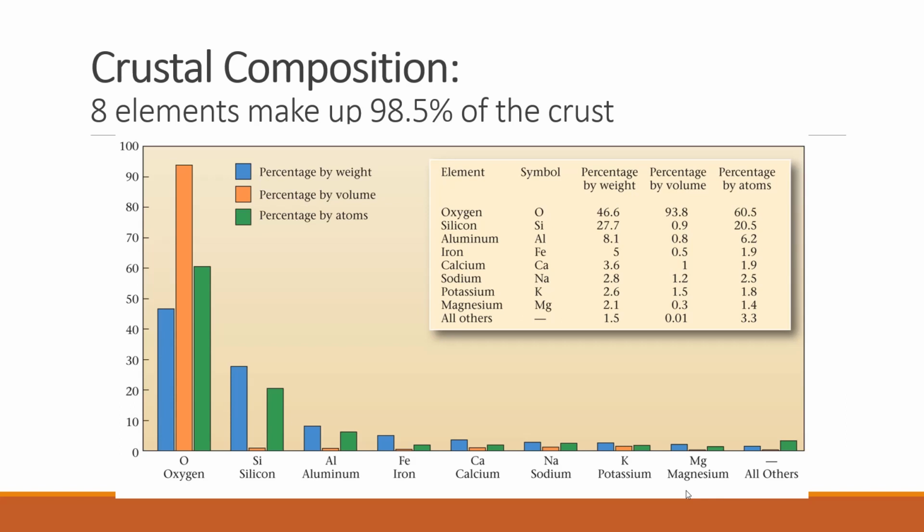So we do see that, for example, silicon is lower by volume than its weight or its number of atoms. Oxygen's higher by volume. That has to do with their atomic numbers, basically. How much space do they take up, or do they have more atoms and things?